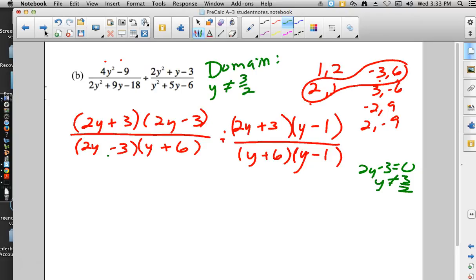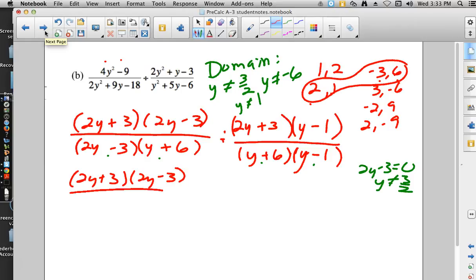All right, what else? Negative 6 is bad. It makes a 0 in our denominator. Same thing here, but a 1. We'll do it there. And we know we have to flip this, which means we're going to be right back here in a second talking about our restrictions in the domain. So whatever we're dividing by, we're going to flip.